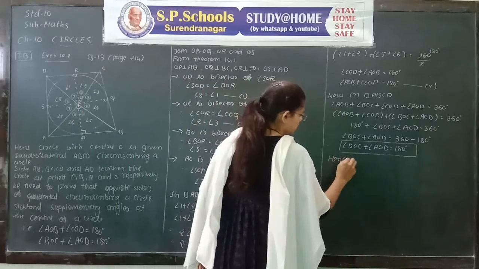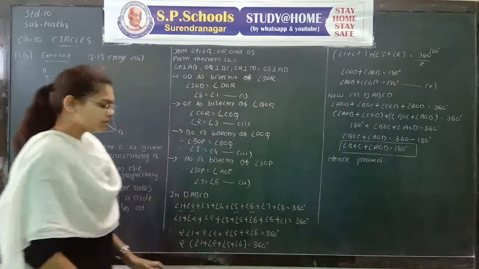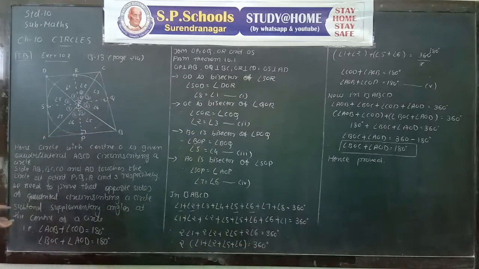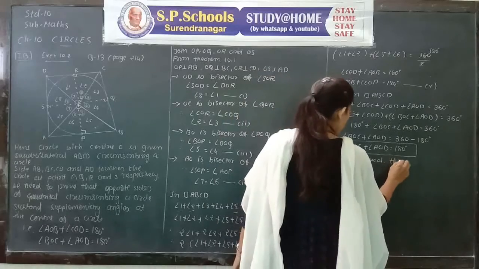Hence proved. What is proved? Here, the angles subtended by opposite sides of a quadrilateral circumscribing a circle are supplementary at the center. Right from here it is proved.